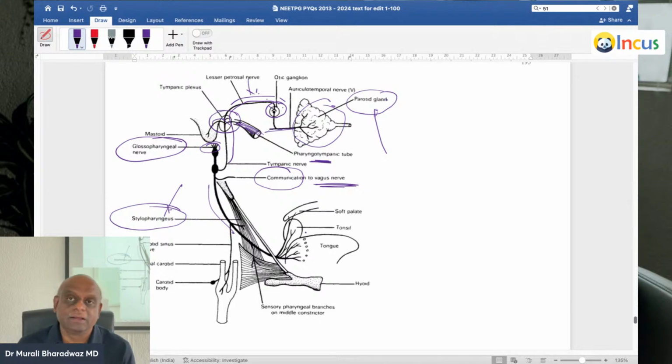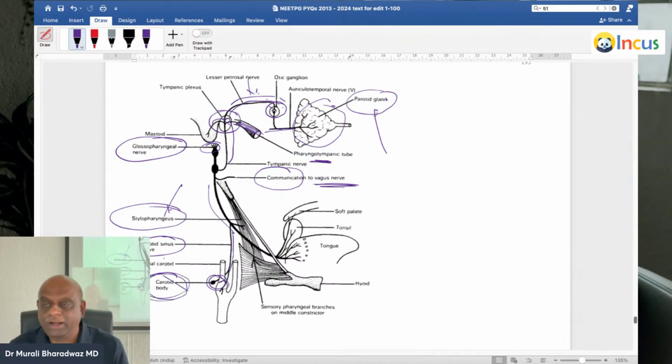Stylopharyngeus. Then it also drops a branch which is called the carotid sinus nerve, which will go and supply the carotid body. So whenever the blood pressure increases, the carotid body fibers inform whom?